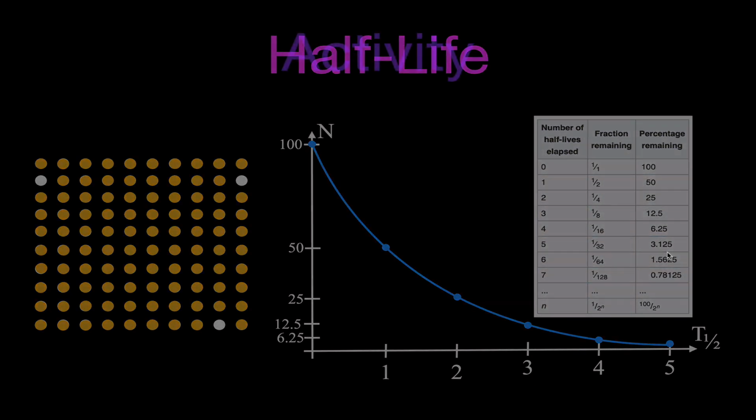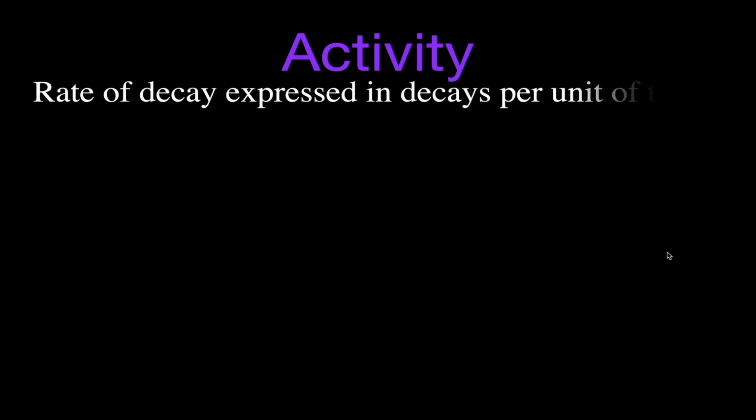Now, usually when we measure half-life, we don't measure the number of atoms. It's too hard to do that all the time. You can do that, but usually what we measure is the activity. The activity is directly related to the number of radioactive nuclei that we have. Activity is the rate of decay expressed in units of time.